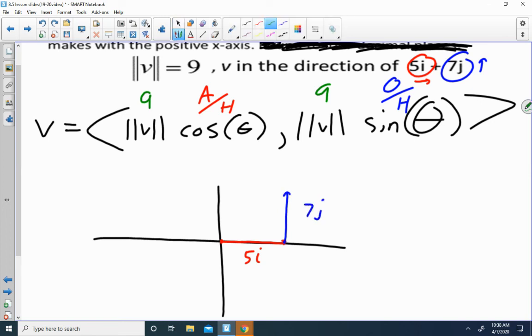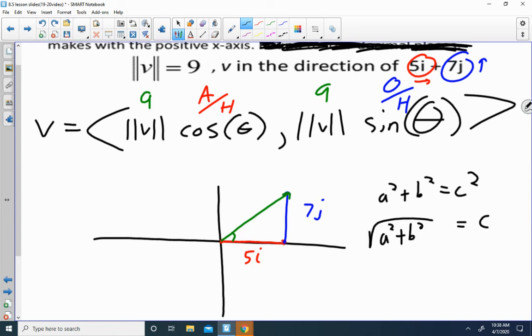And then all that's left is we need to find the hypotenuse. And of course, to find the hypotenuse, you can use a squared plus b squared equals c squared, where c is the hypotenuse, which is the same thing as the square root of a squared plus b squared, which is just the magnitude. For a, you can make that 5, and for b, you can make that 7.